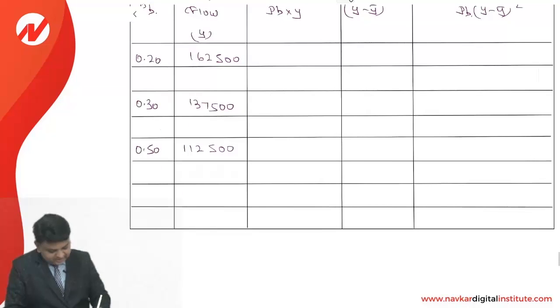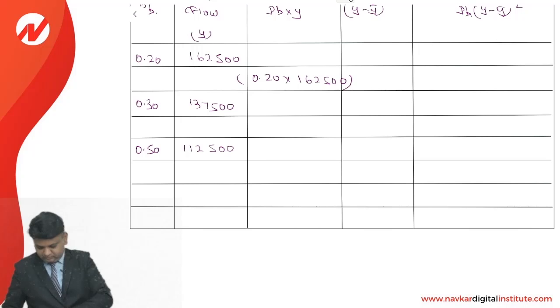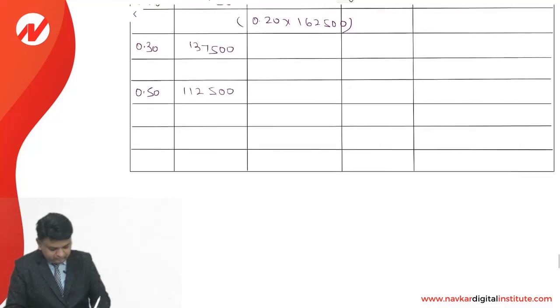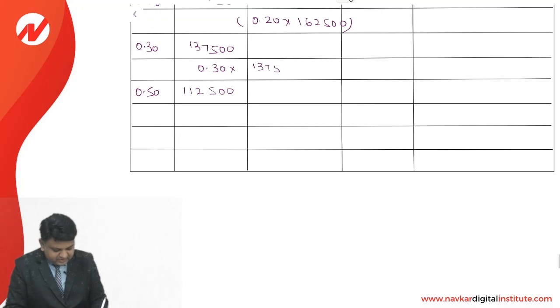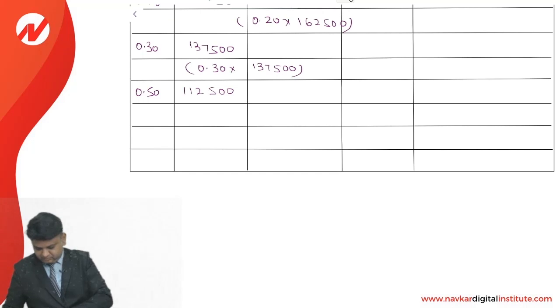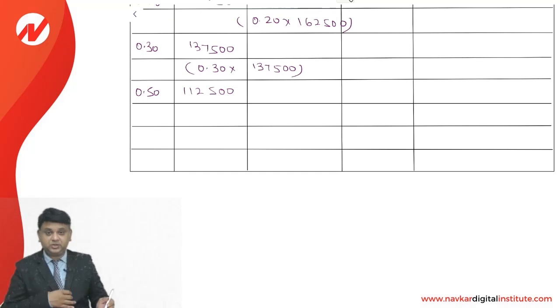So there are 20% chances cash flow will be 162,500. So it is 32,500. There are 30% chances it will be 137,500. So it is 41,250.